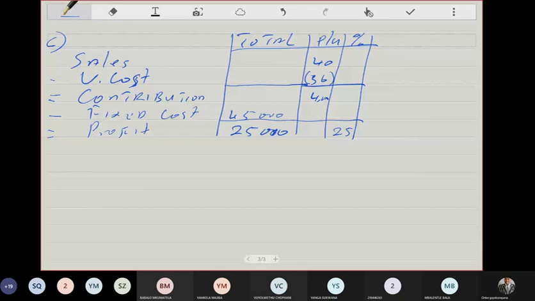Because if you use the contribution in this case, it's going to be 45,000 plus 25,000. So you'll have 70,000. So you'll simply say, if you've changed your formula, rearrange it to say that it is contribution divided by contribution per unit. So definitely it's going to be 70,000 simply divided by 4 rands.